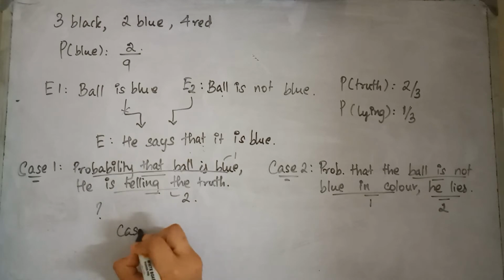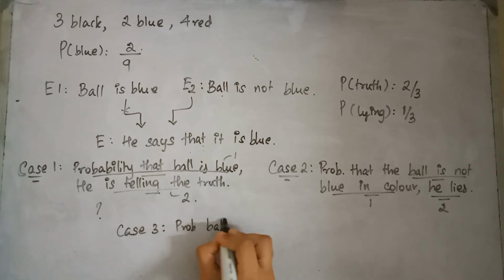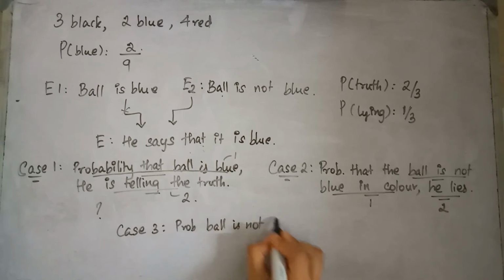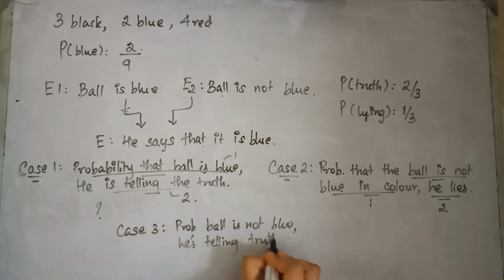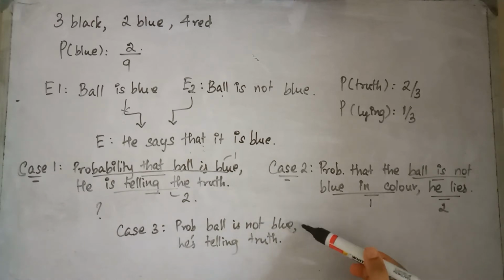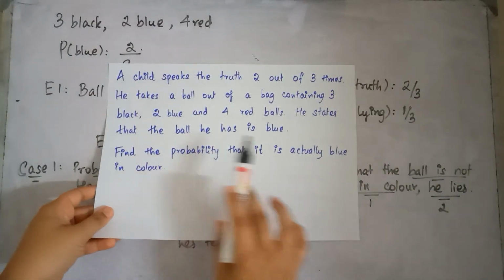Okay. Are there any more cases? Can we have a case 3? In this case, the ball is not blue, and he's telling the truth. Is this case possible? If the ball is not blue and he is telling the truth, it contradicts the question, because he states that the ball he has is blue.